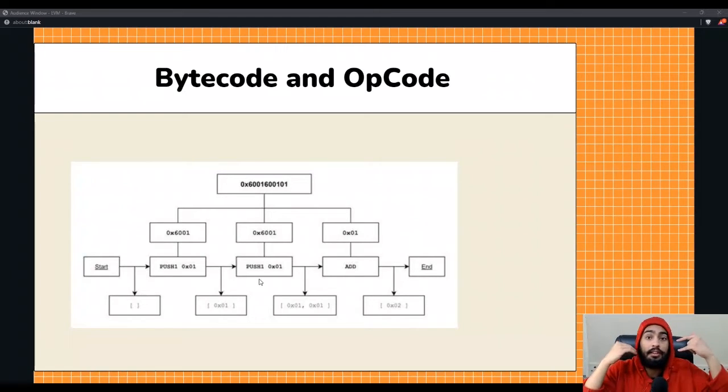You don't want your end users to pay a lot of gas fees, because you want more and more users to interact with your Solidity smart contract. If the contract is not optimized, eventually the users will have to pay a lot of gas fees, and they don't want to do that. So it's very important to write optimized source code, basically Solidity code, so that it reduces the cost for the end users. Okay, so this is the relation between the bytecode and the opcode.